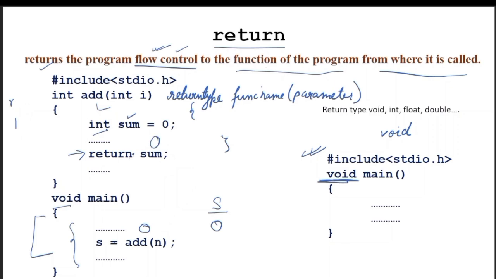The flow control of the program is transferred to where it was called from. This function was called from here, so now the control of the flow of the program comes to this line. This is the purpose of using the return keyword.